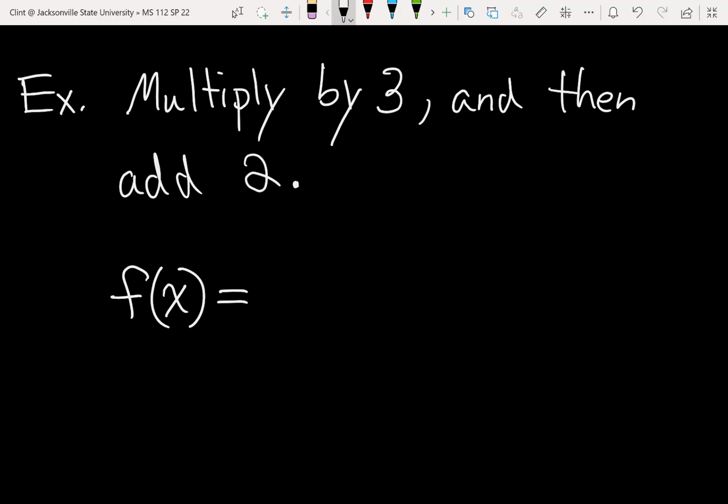So the thing that we would want to multiply by 3 would be x, our input. So we would take 3 times our input, so 3x. And then after that, we would want to add 2 to it, and we get our function, our rule written down. So these two say the same thing. We just take our input, multiply it by 3, and add 2 to it. That tells us what our output value is.